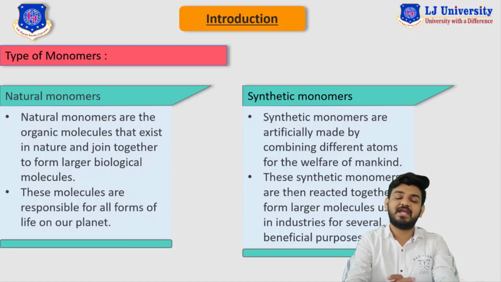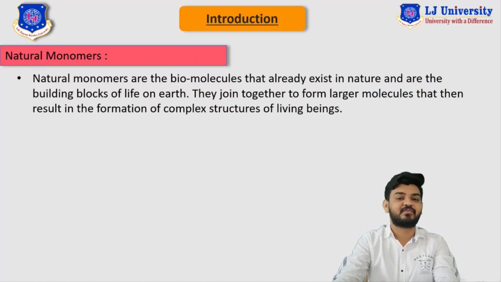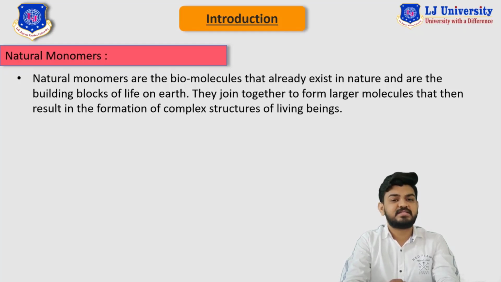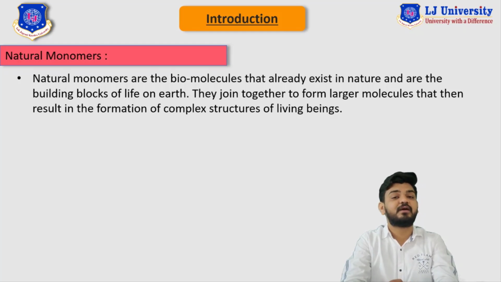Now let me explain what we mean by natural monomers. As we have said, natural monomers are the building blocks for all living organisms on planet Earth and they are mainly responsible for life. As we discussed earlier, these natural monomers join together and produce complex molecules such as carbohydrates.